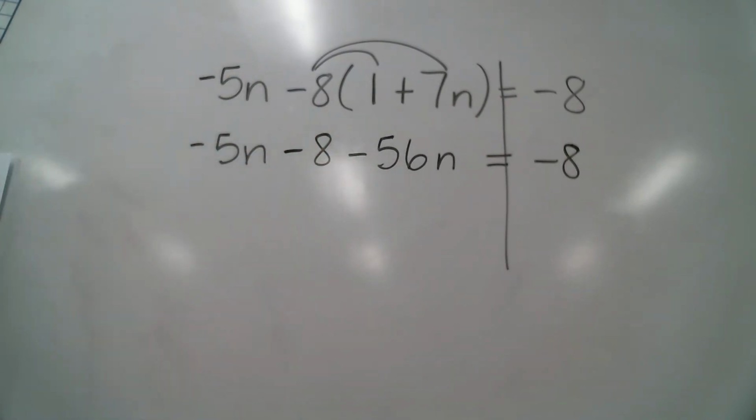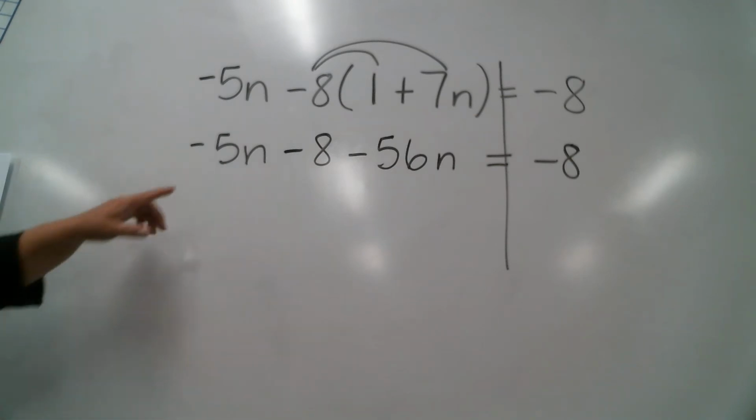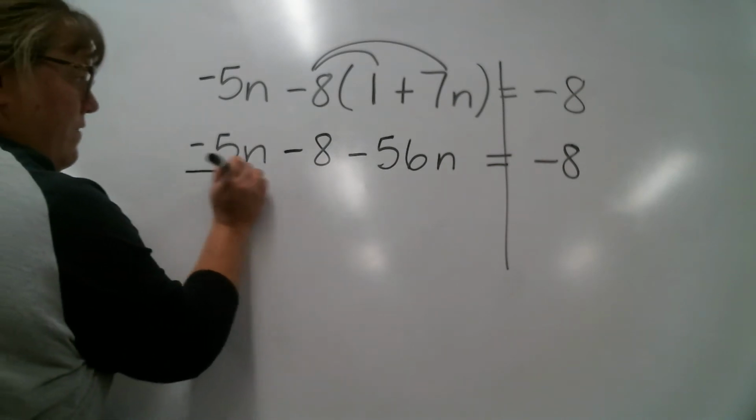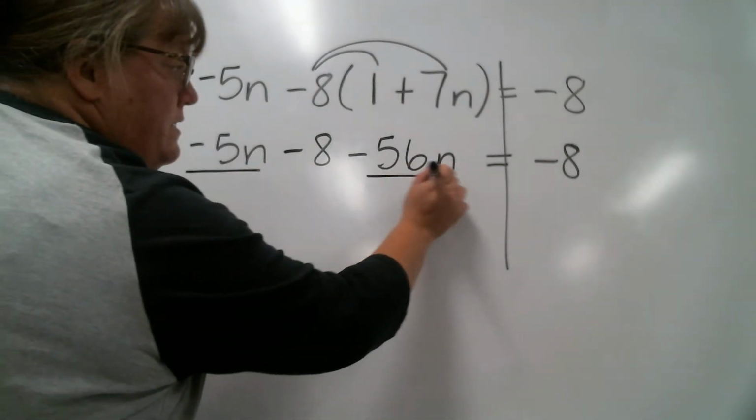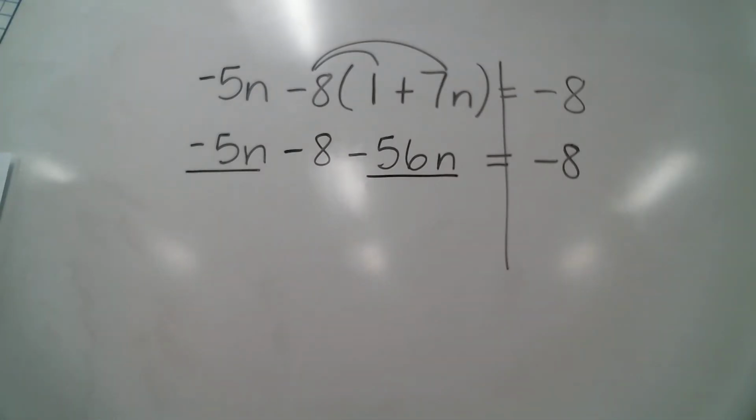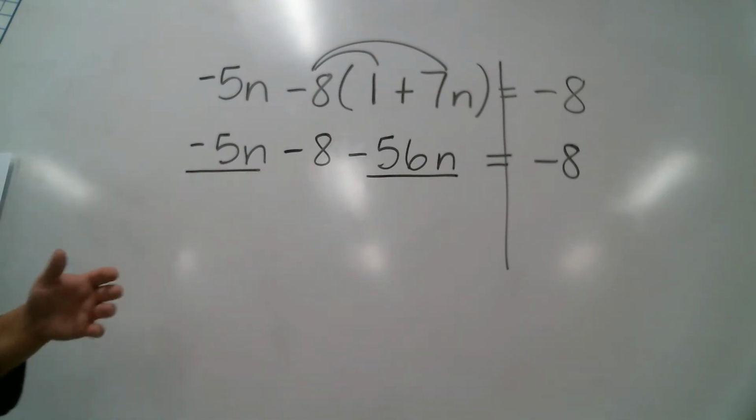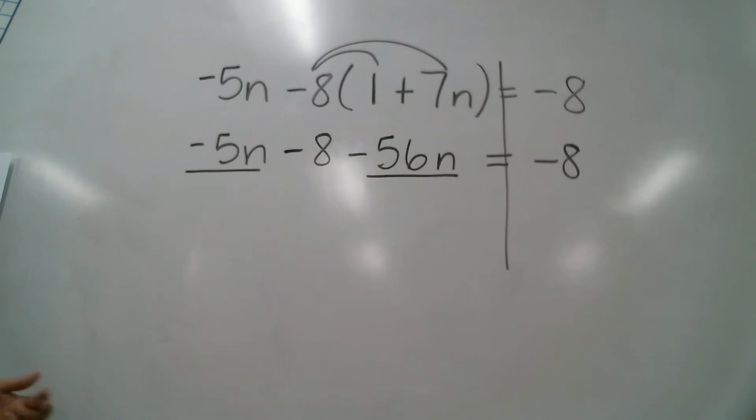The next thing I need to do is look and see if I have any like terms together on the same side, and I do. Over here I have a -5n and a -56n. So I need to combine those, and remember, 2 negatives combined together is going to create a more negative number. So it's like you're at -56 and then you're going back 5 more negatives. So you're going to be at -61n.